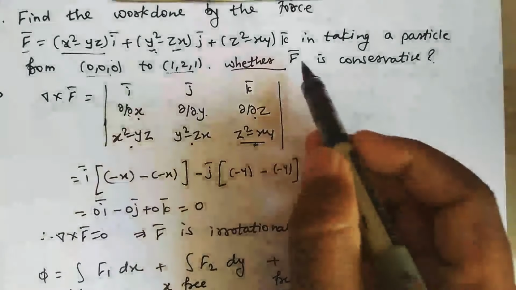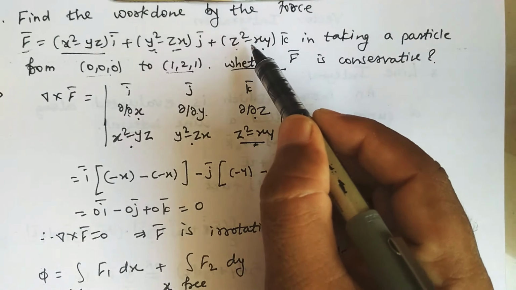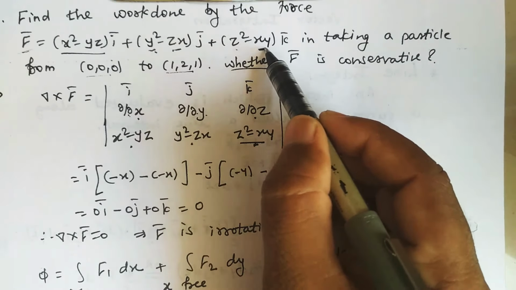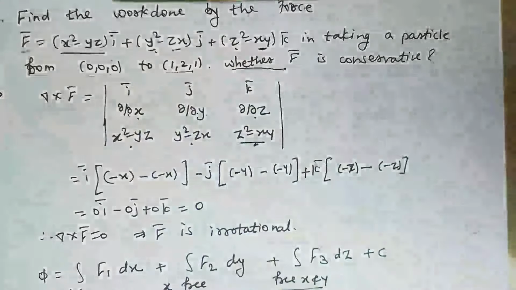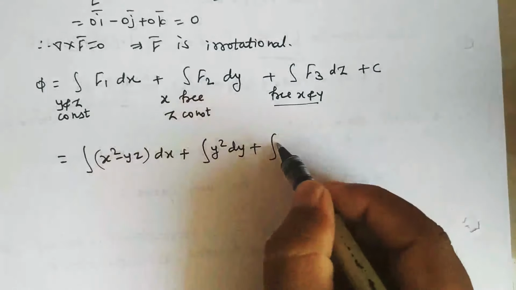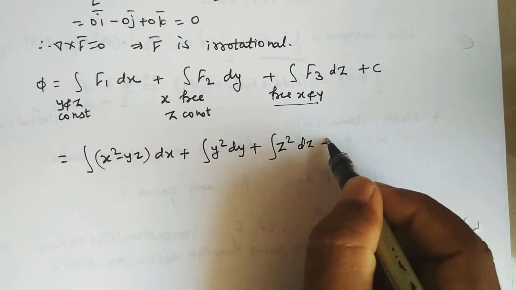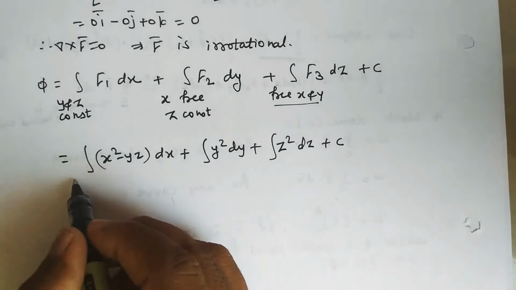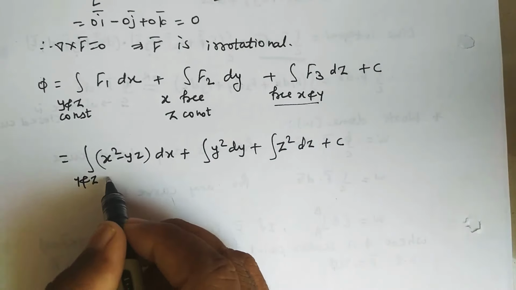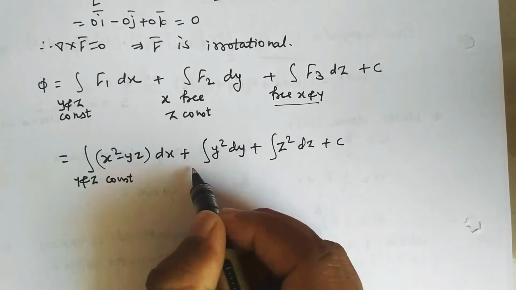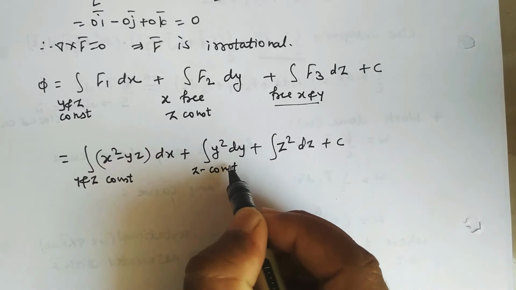So what is f3? Here is f3. f3 must be free from x and y. So neglect this term, only take this term, that is z square dz plus some integrating constant c. Here y and z are constant, here z is a constant.